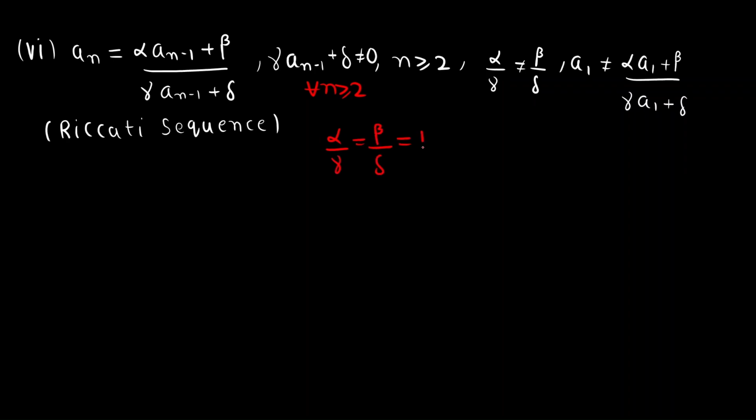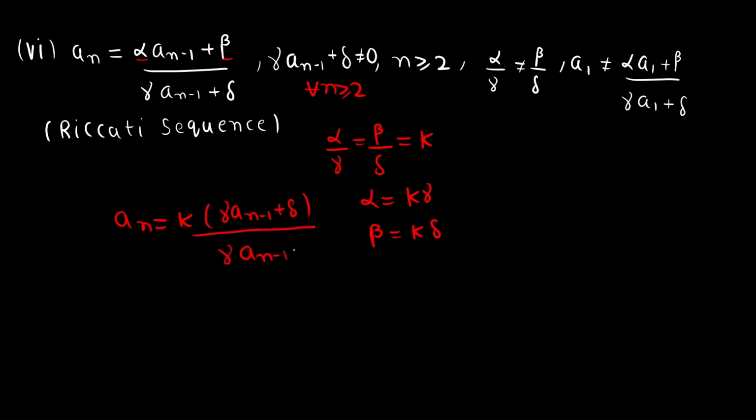Let's equate it to some k. We get alpha is equal to k times gamma, beta is equal to k times delta. If you substitute this in place of alpha and beta, we will get an is equal to k times gamma an minus 1 plus delta divided by gamma an minus 1 plus delta.